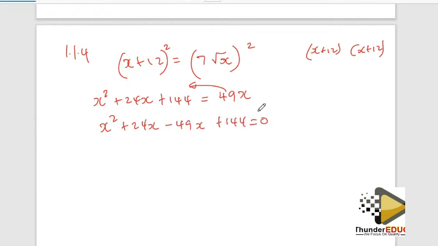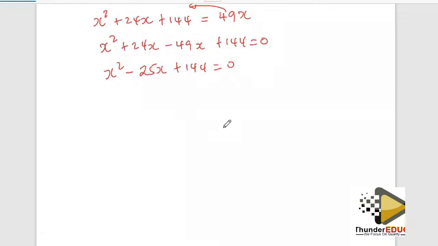I need to create a standard equation. So that's going to be x squared, is it minus 25x? Let's confirm, yes, minus 25x plus 144 is equal to 0.